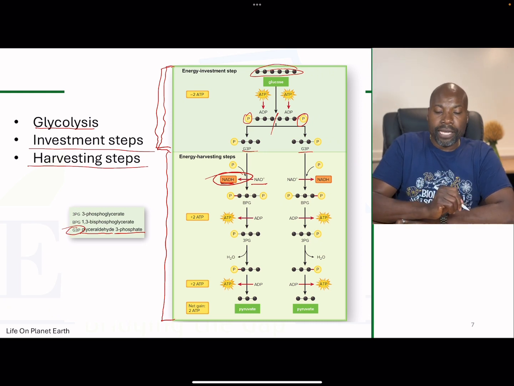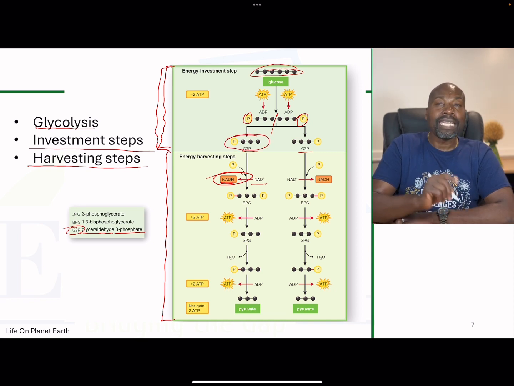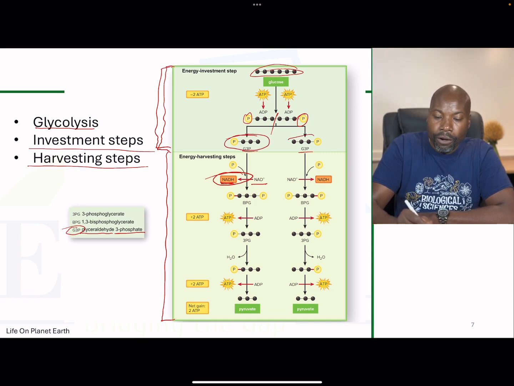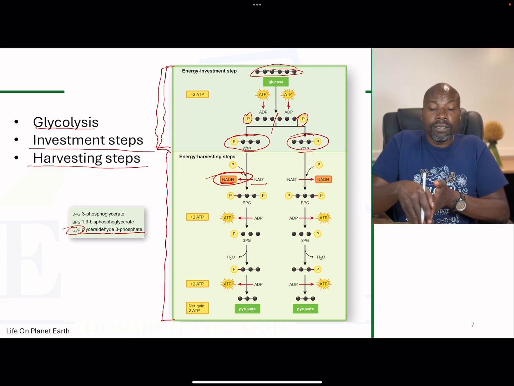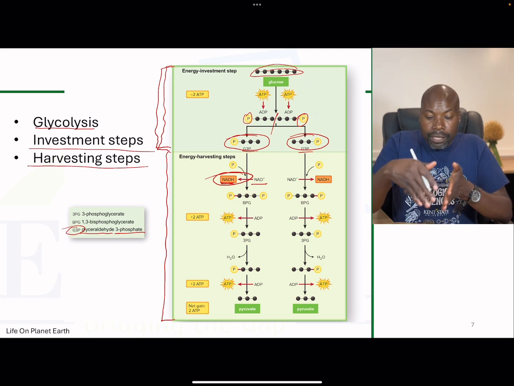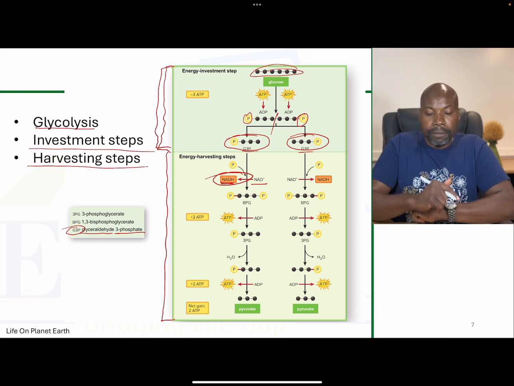So what is happening for this G3P molecule is also happening for this molecule. So let's focus on one single molecule and the outcome of these reactions, knowing that the same thing is happening for the second molecule, right?